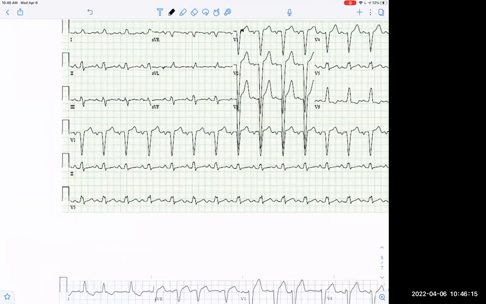And what direction is that first terminal wave pointing in? Is it pointing up? This wave right here. Which way is that wave pointing? It's pointing down, correct?